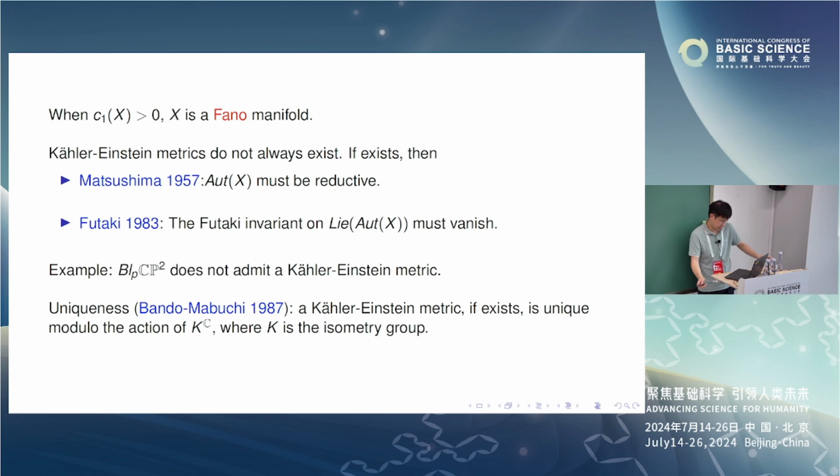It's actually slightly stronger: it is unique up to the action of the complexification of the isometry group. Of course, by the Matsushima theorem, it's the same as the automorphism group, but it does not depend on the Matsushima theorem.